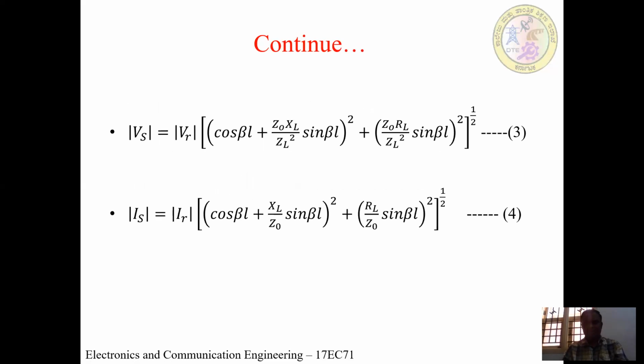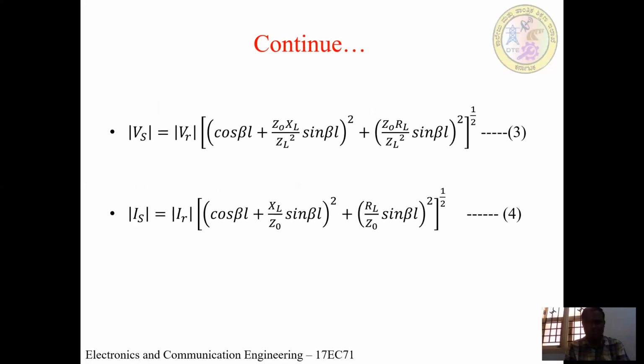If that equation's magnitude is taken, since it has a real part and an imaginary part, the magnitude is the root of a square plus b square. Suppose a plus ib is the complex number, so its magnitude will be root of a square plus b square.